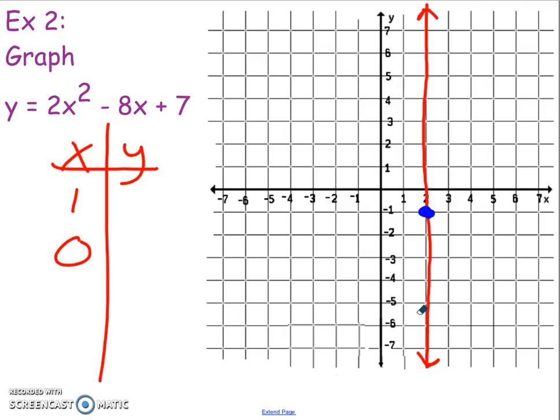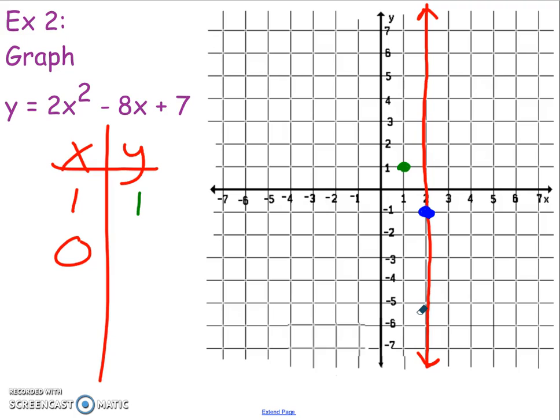If I put in 1 for all of my x's, 1 squared is 1. 1 times 2 is 2. So that's 2 minus 8 times 1 is 8, then plus 7. 2 minus 8 is negative 6. Negative 6 plus 7 is 1. So the ordered pair 1, 1 is on my parabola.